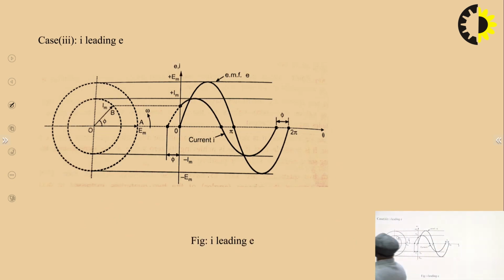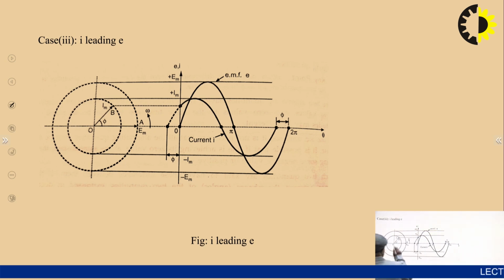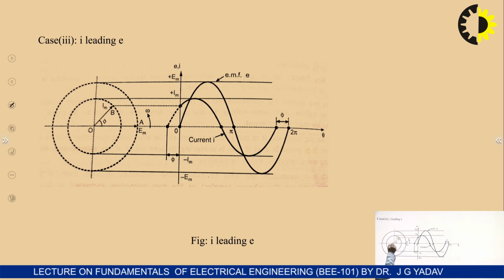Now we can see another case when I is leading E. We have the same E and the same I, but the case of leading is the reverse. In the initial case, I was lagging E. In this case, I is leading E. I is leading means the I phasor is here above the x axis and the E phasor is here along the x axis.